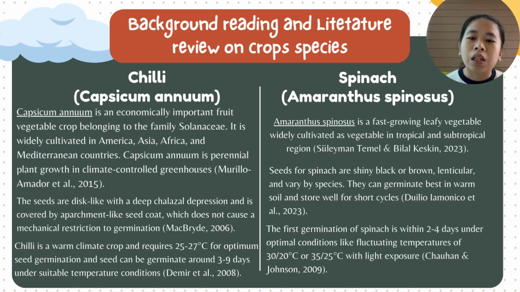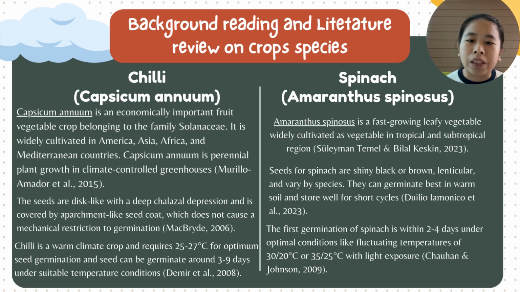However, for the spinach, its scientific name is Amaranthus spinosus. It's a fast-growing leafy vegetable widely cultivated in tropical and subtropical regions. The seeds of spinach are shiny, black or brown, lenticular, and vary by size and species.